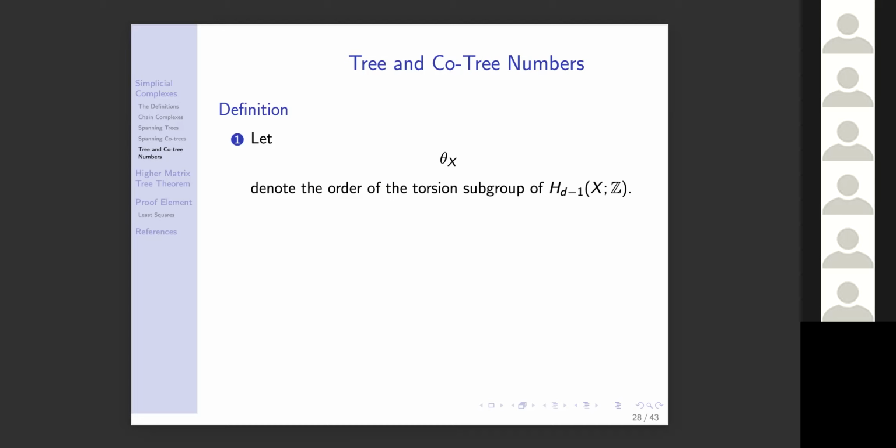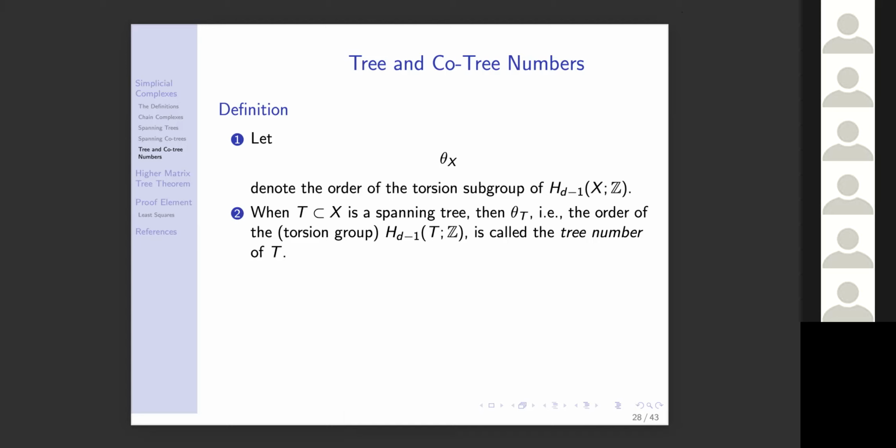It's a Z module, so it's an abelian group. It may or may not be free because it's a quotient group, remember? So it might have torsion, but it's finitely generated. So you can ask what the order of the torsion group is, right? How many elements are in the torsion subgroup of that homology group, and that's called theta X.